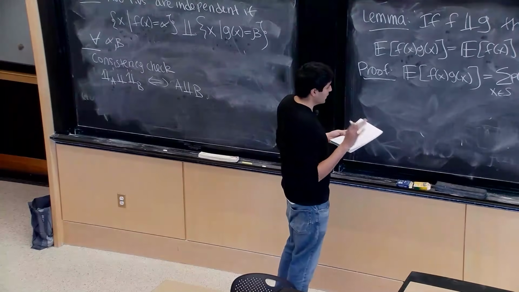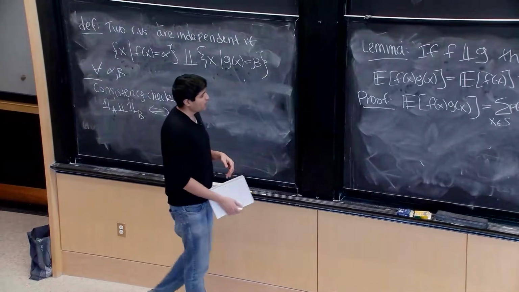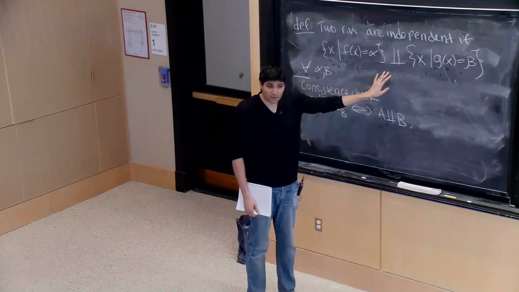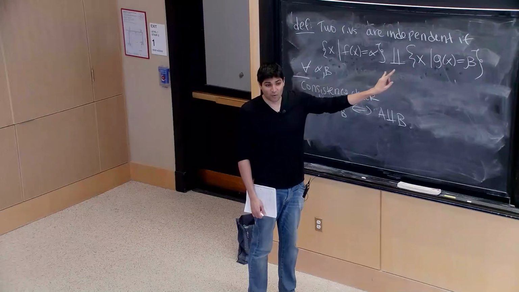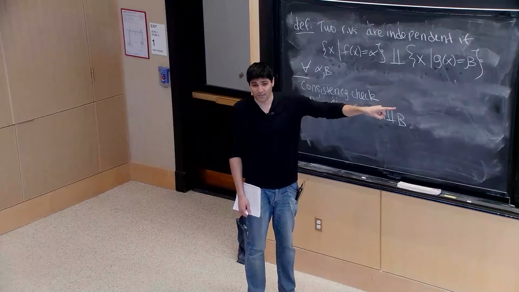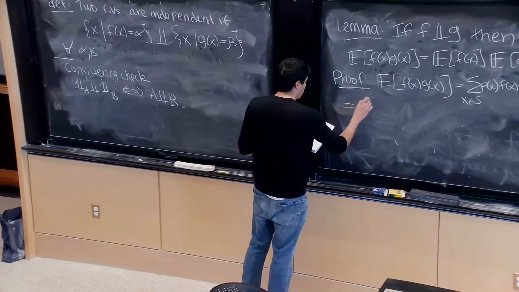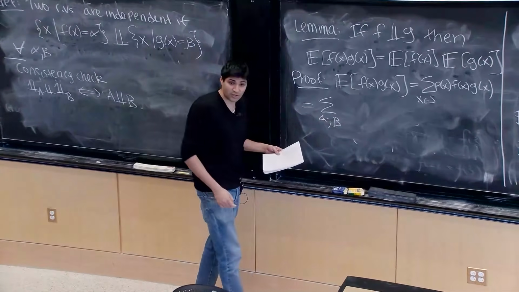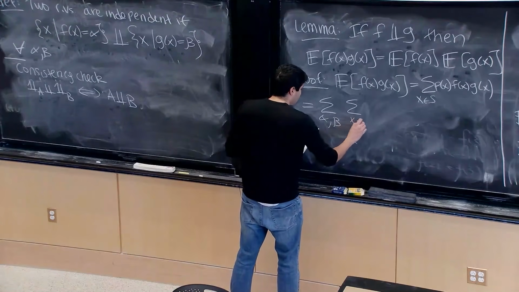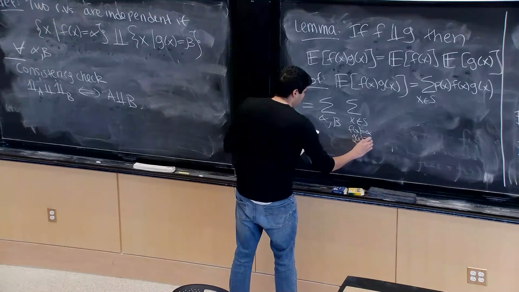And now here's the one clever part: we're going to break up the sum into different pieces in a way that corresponds to the definition of independence, because clearly we have to use it, otherwise the thing is false. And independence is fundamentally about breaking up the sample space into different pieces. So I'm going to break up that sum into different pieces, mimicking the way I've broken it up in this definition. Literally, it's going to be the sum over alpha and beta. That should sound familiar. And then the sum over all x in the sample space, but moreover where f of x is equal to alpha and g of x is equal to beta.